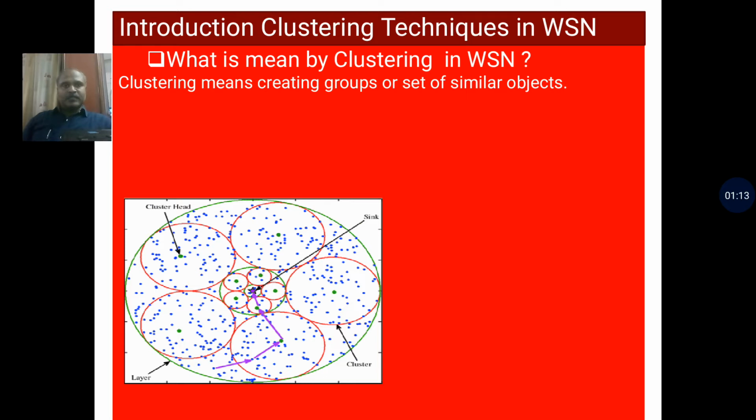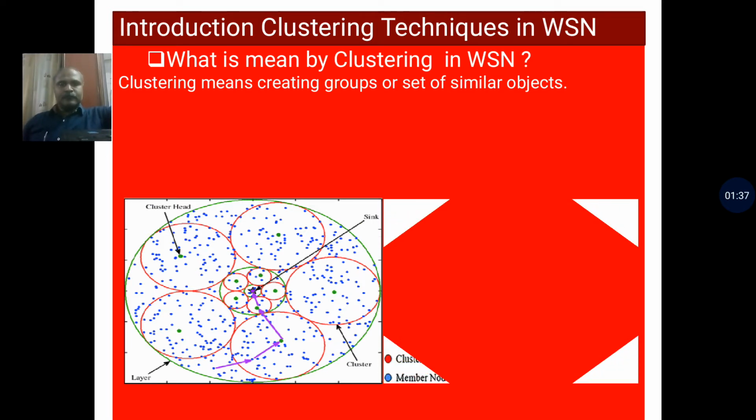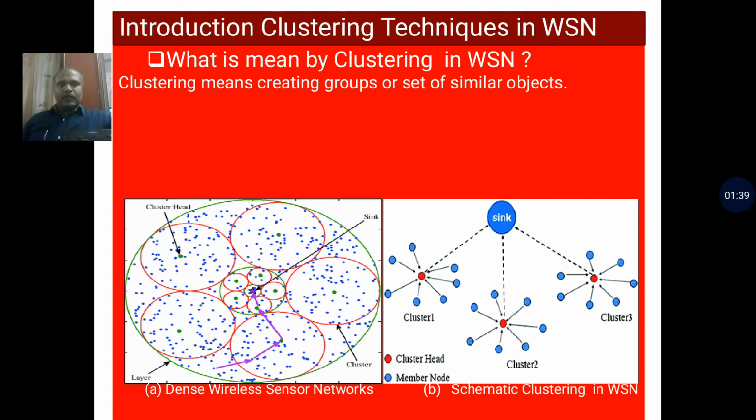In this, groups or sets of similar sensor nodes are shown with the help of circles called clusters, and one node from each cluster or a few nodes from clusters will act as a cluster head. Figure A shows a dense wireless sensor network and figure B shows its schematic diagram.